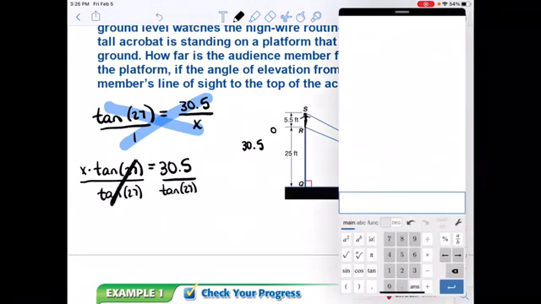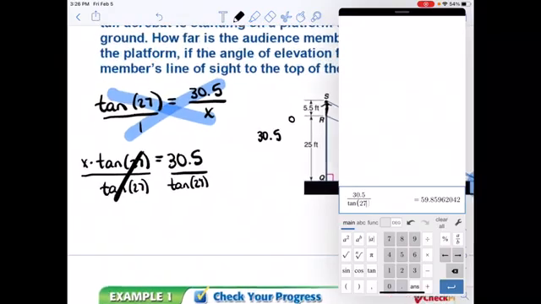Now I do want to continue to point out that this works because tangent, cosine, and sine are all just functions that stand in for similar triangles. They're things that mathematicians have figured out over the years that we can now use, okay?